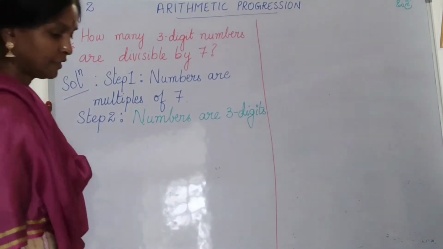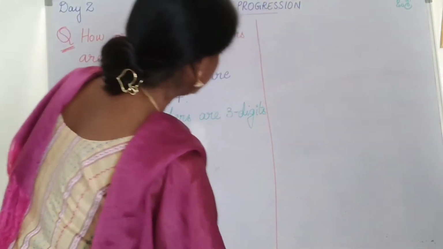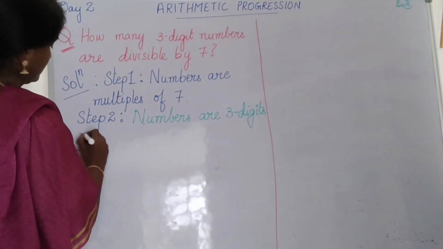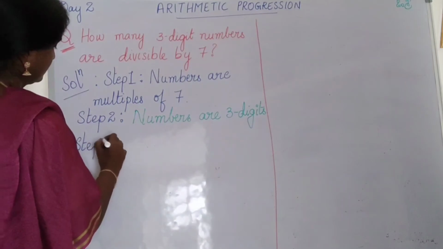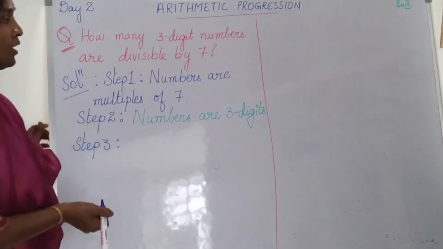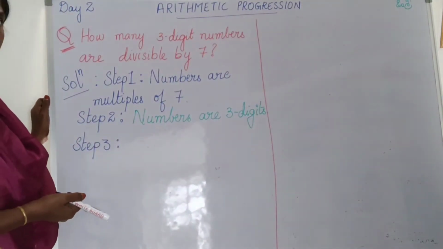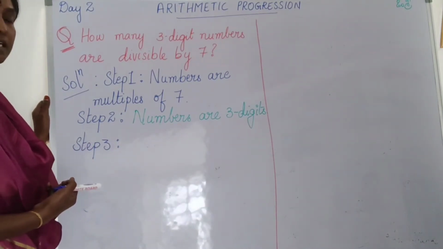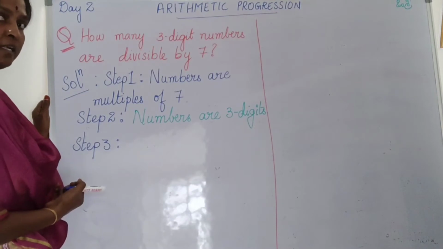So the next step will be to identify the least 3-digit number that is divisible by, or that is a multiple of, 7.